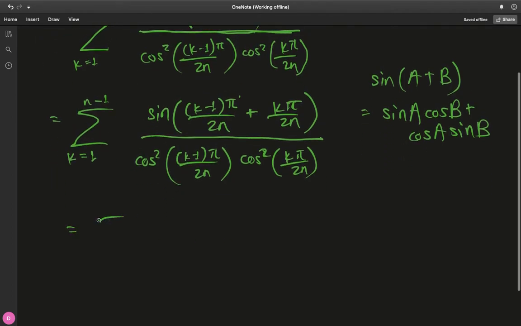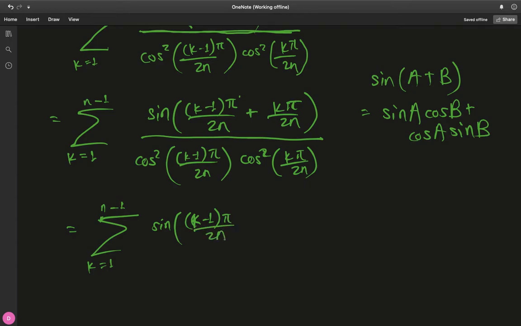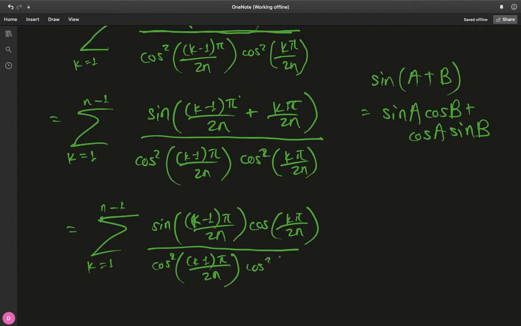So we have the sum from k equals 1 to n minus 1. The first part is sine a cosine b, so sine of the first angle, (k minus 1) pi over 2n, and cosine of k pi over 2n, divided by cosine squared of (k minus 1) pi over 2n times cosine squared of k pi over 2n.